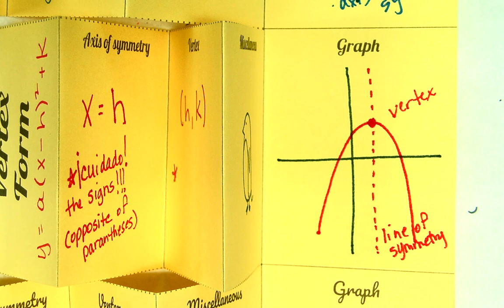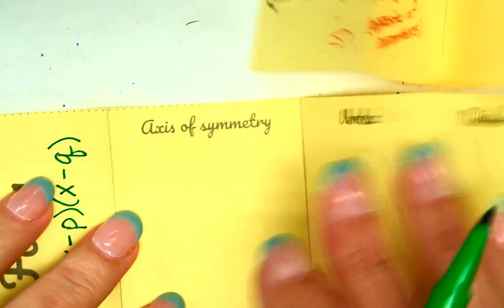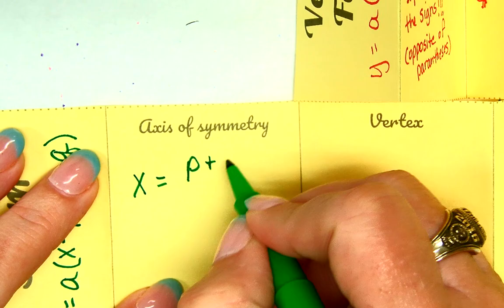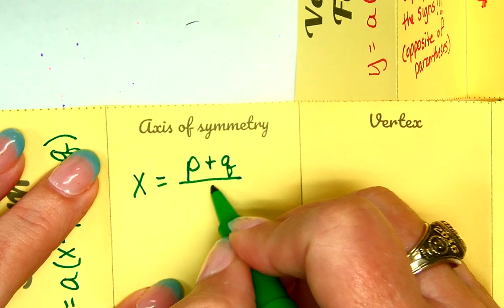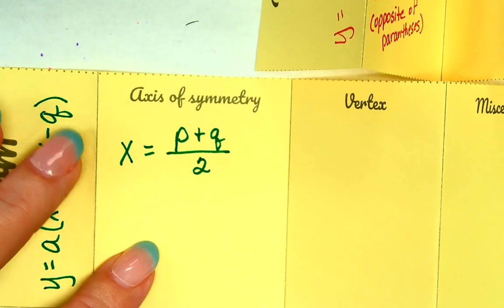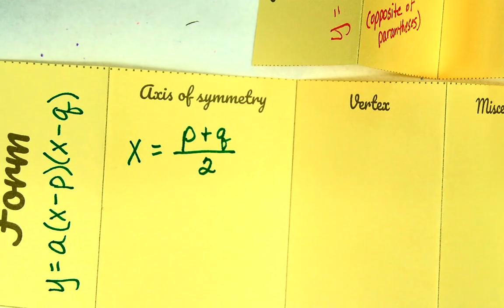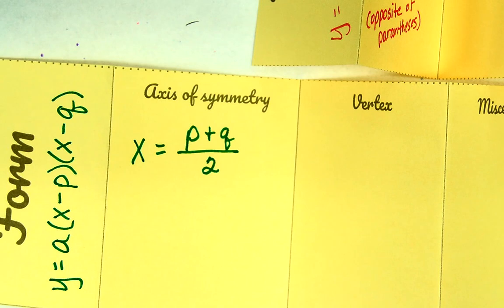Right in the middle? So would it make sense to you then the axis of symmetry, we have to say P plus Q divided by 2. Because isn't that finding the average of the two values? If we add them together and divide by 2? Yeah?